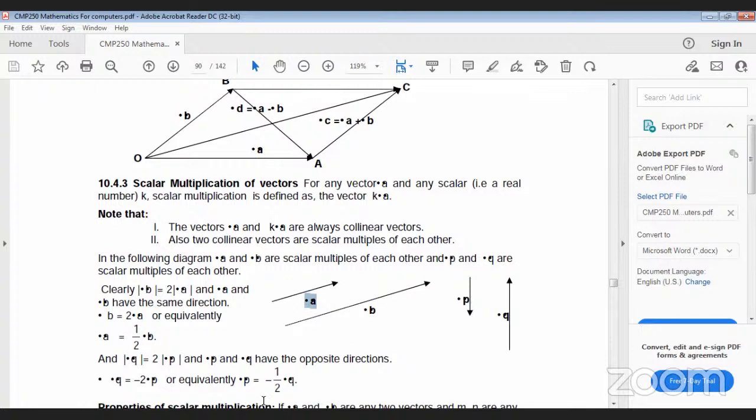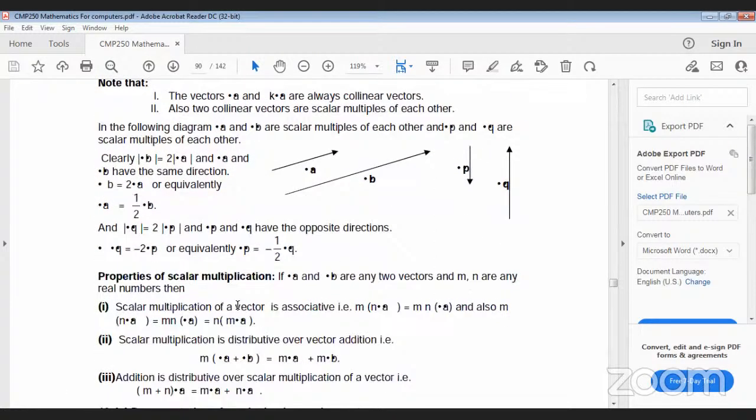Twice of A, right? See, B is twice of A. Same way, P and Q are there, but they are in opposite directions. So P equals what? Minus half of Q, or else I can say Q is minus 2P, because direction matters over here.